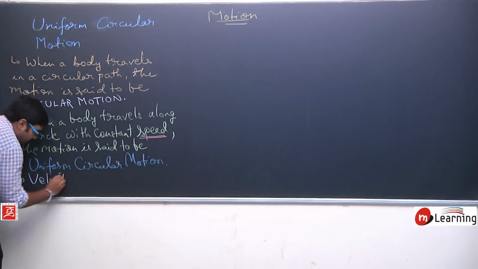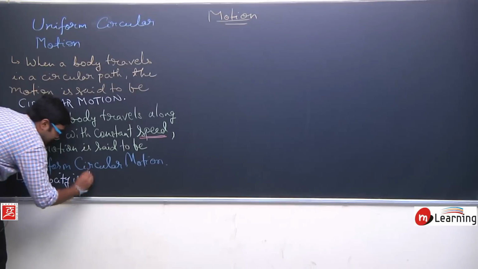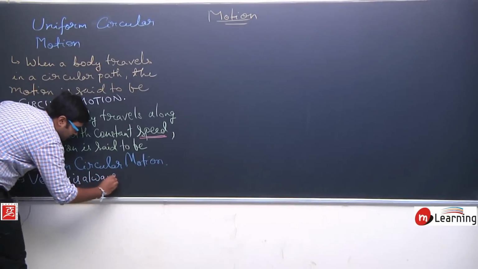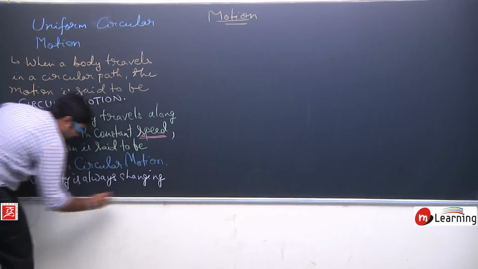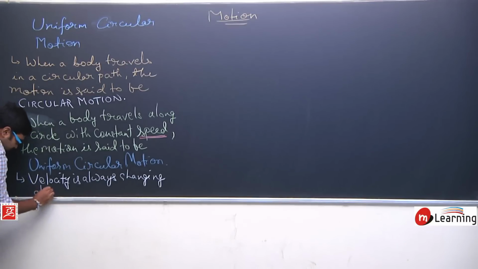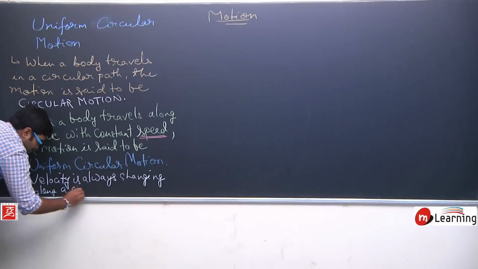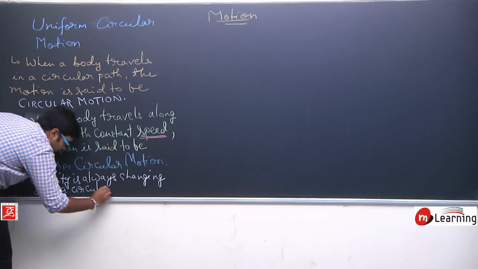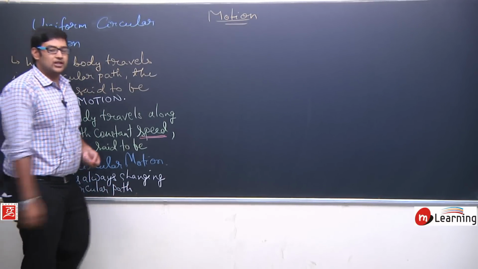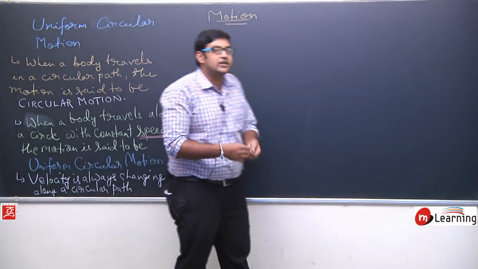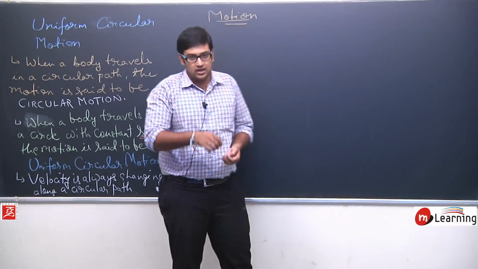Velocity is always changing along a circular path. The velocity will always change when an object travels on a circular path.